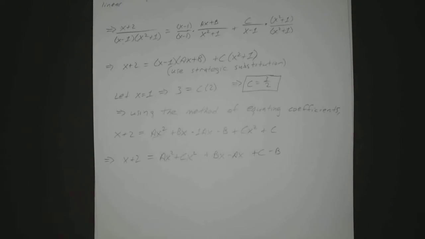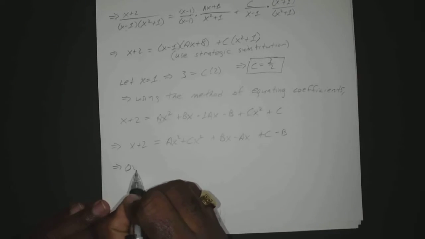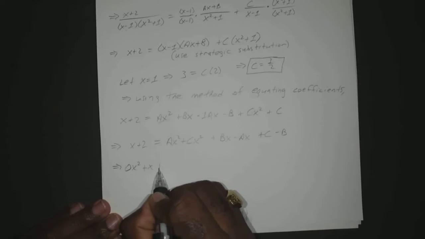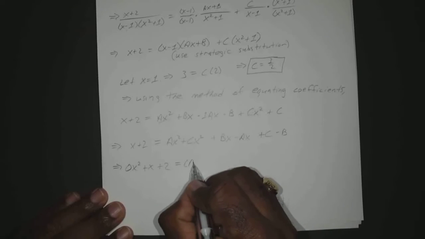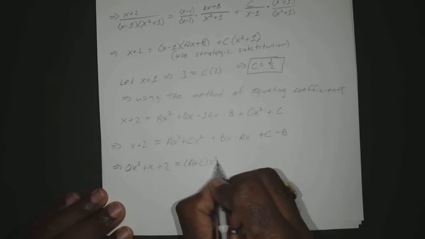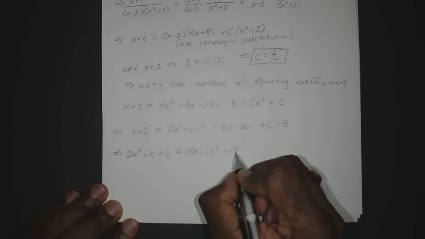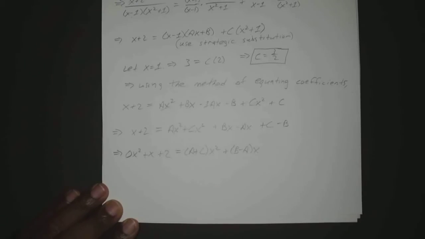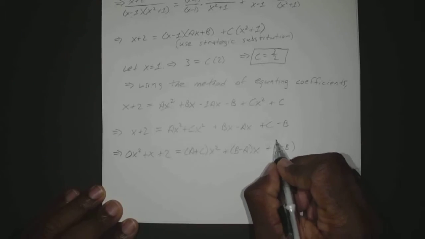That's why I always go through and do the little slash out when I'm done, just to make sure I don't miss any. So if we made this 0x squared plus x plus 2 equals a plus c, factor out the x squared, plus b minus a, if we factor out the x, plus c minus b, which are just two constants.